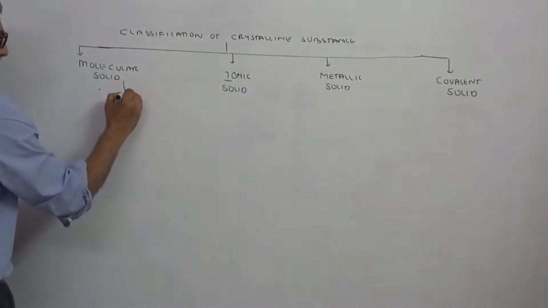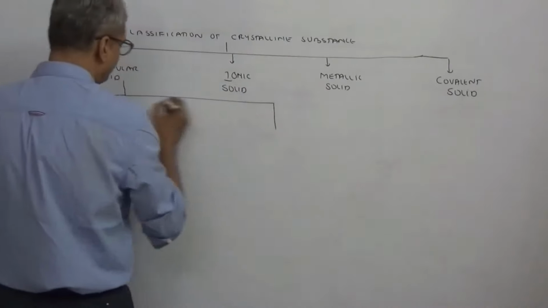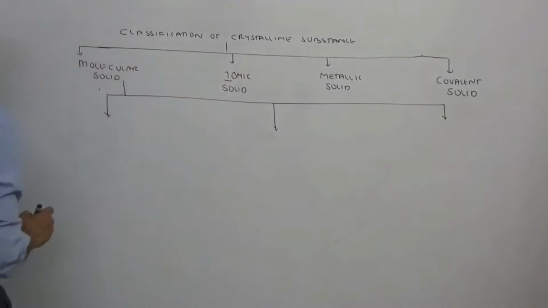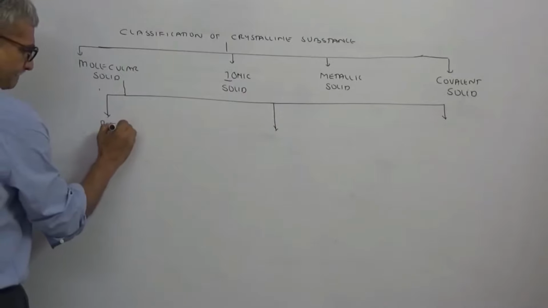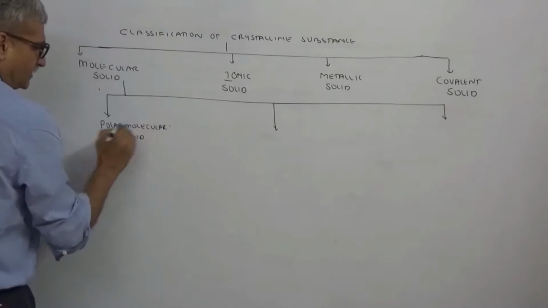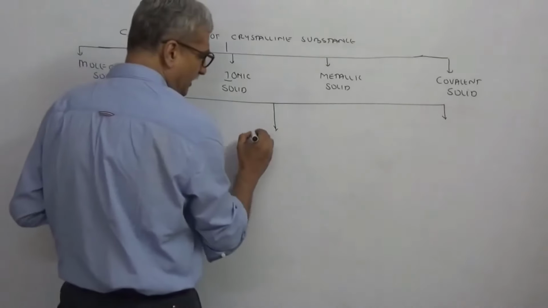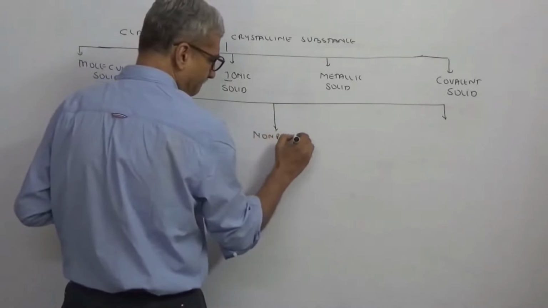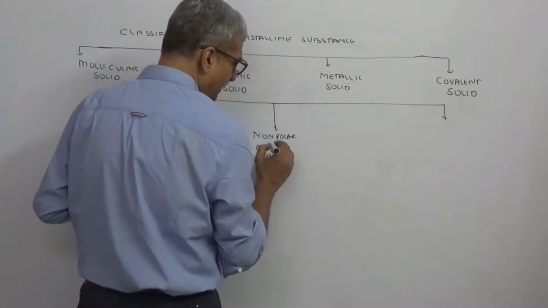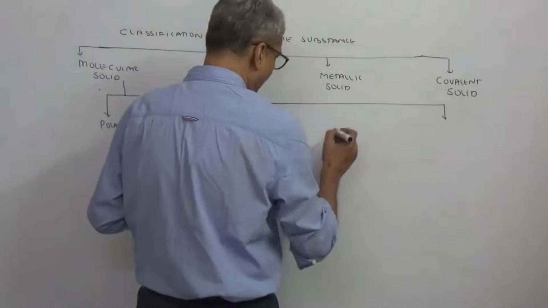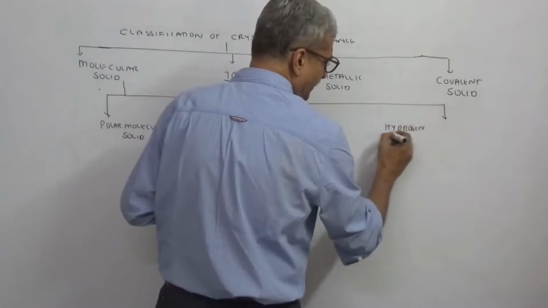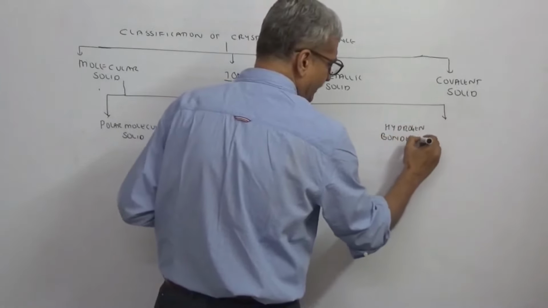Molecular solid is further classified into polar molecular solid, non-polar molecular solid, and hydrogen bonded molecular solid.